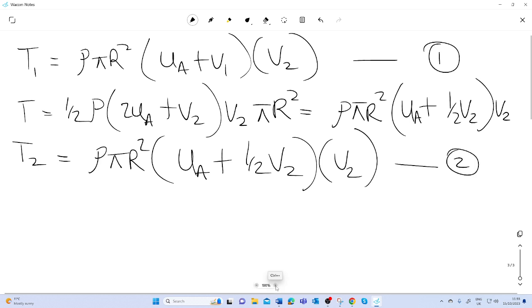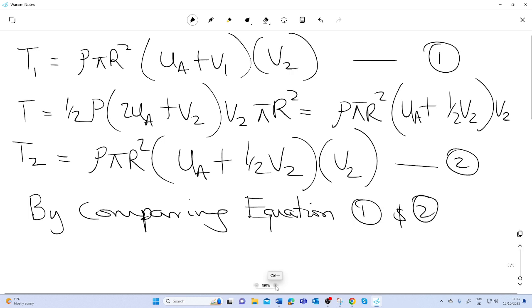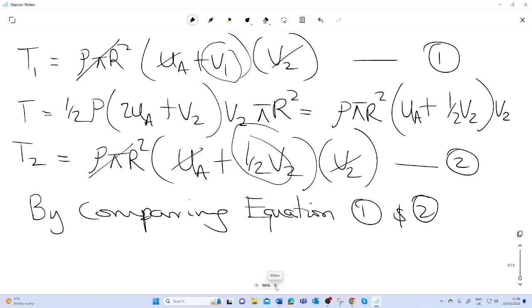Now by comparing equations 1 and 2, we can deduce that this goes out, this goes out. The only ones remaining are V1 and the half V2 here.